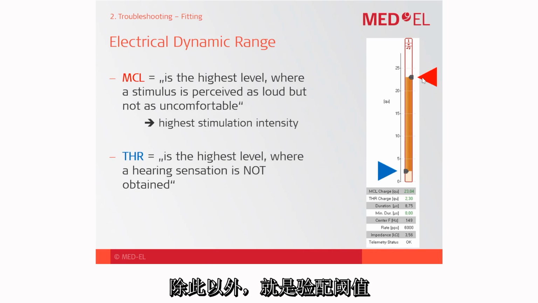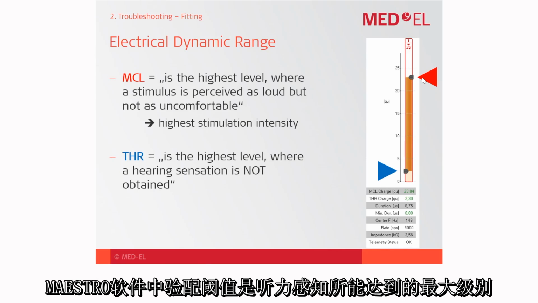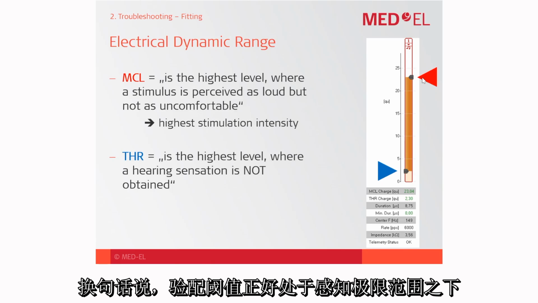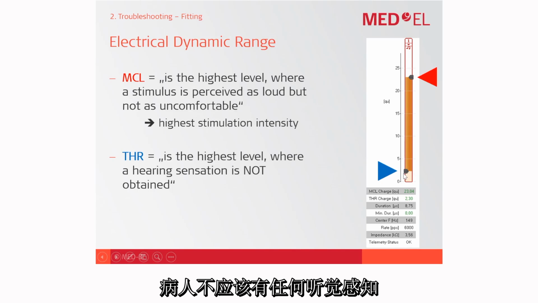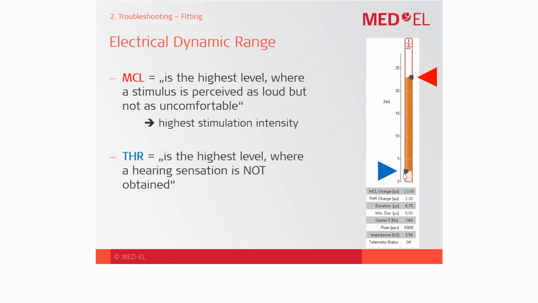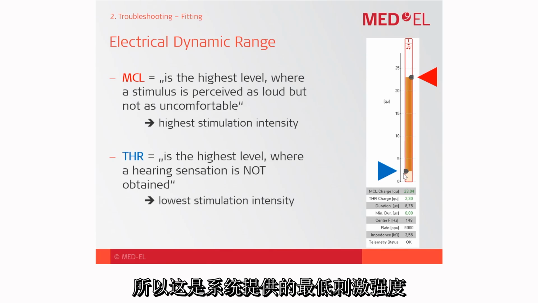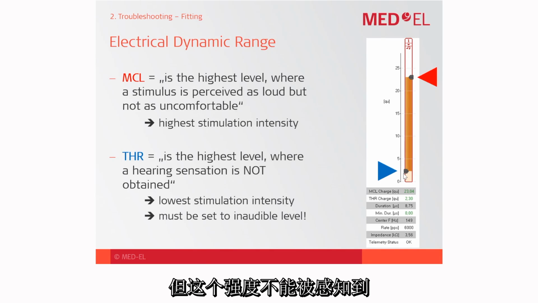In contrast to that, the fitting threshold in the Maestro software is the highest level where a hearing sensation is not obtained. In other words, the fitting threshold must be right below the detection limit. Whenever we apply stimulation on threshold, the patient must not have any auditory perception. So it's the lowest stimulation intensity the system will provide, but it must not be audible.